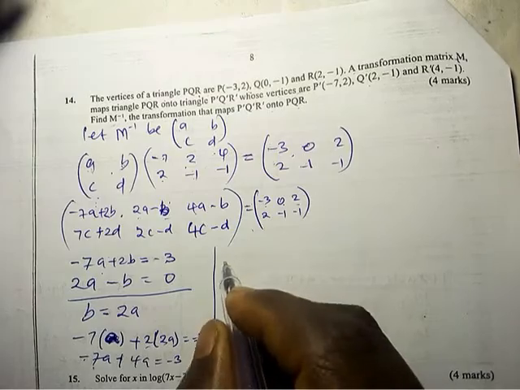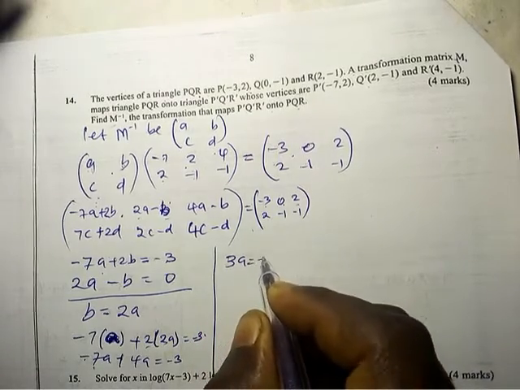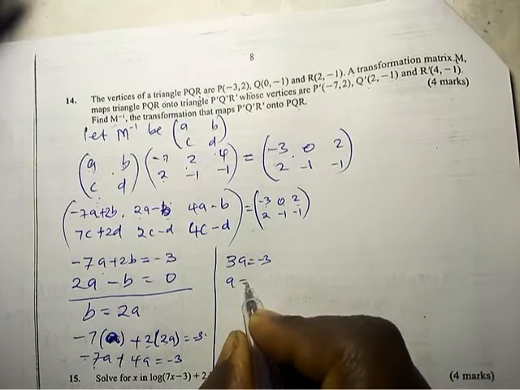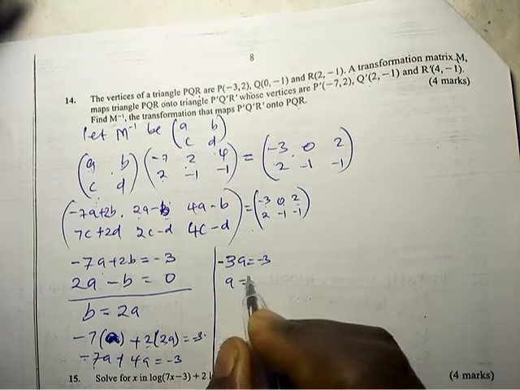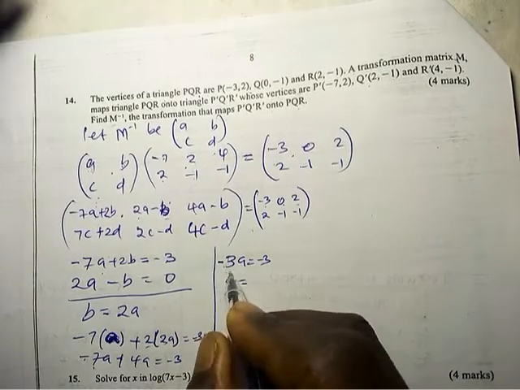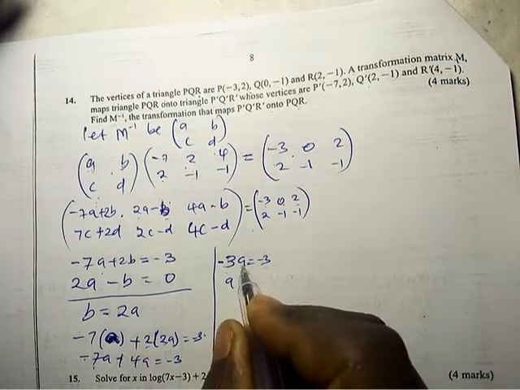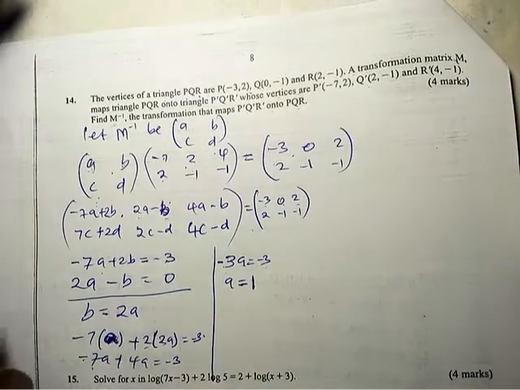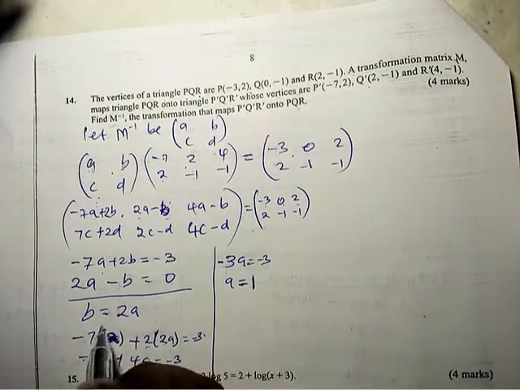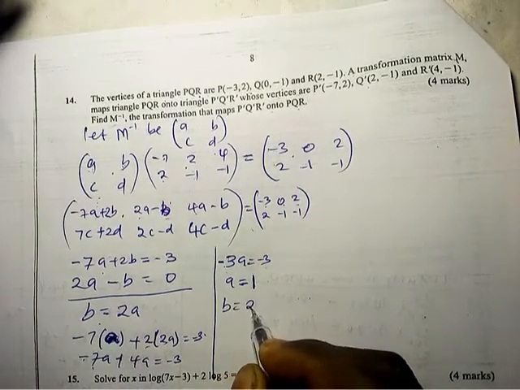So this is negative 3a equal to negative 3. So a equal to negative 3 divided by negative 3, the answer is going to be positive 1. So a is 1.